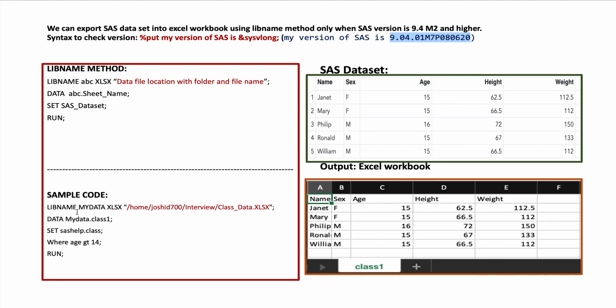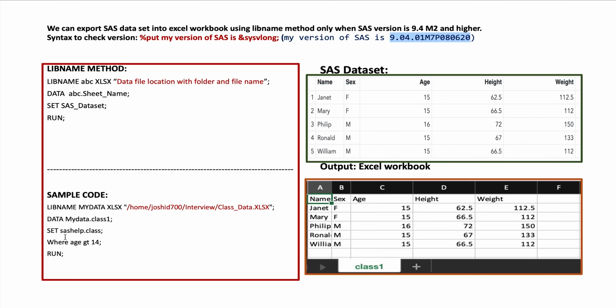Libname, library name is mydata, engine name XLSX. Inside the code, file name is class_data, and this file lies inside the interview folder. Next, data libname, mydata dot class1. This class1 represents the worksheet name.